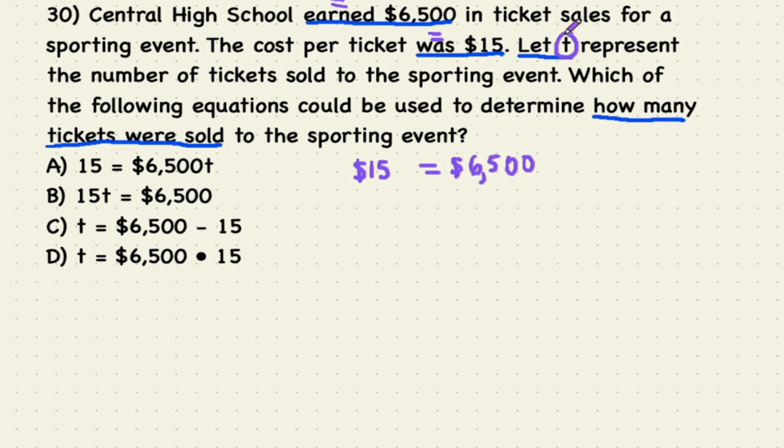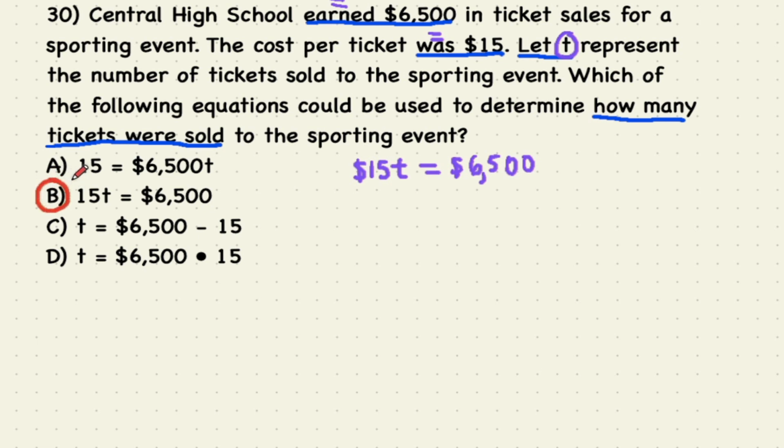Remember, it's telling us to let T represent the number of tickets sold, so it only makes sense to place T right next to your $15. Eventually you have to solve for T by dividing both sides of the equation by 15 to get T. So this is what we have here as an answer without actually solving it. Which of these equations matches what we have here? Well, that is answer choice B, which is the correct answer.